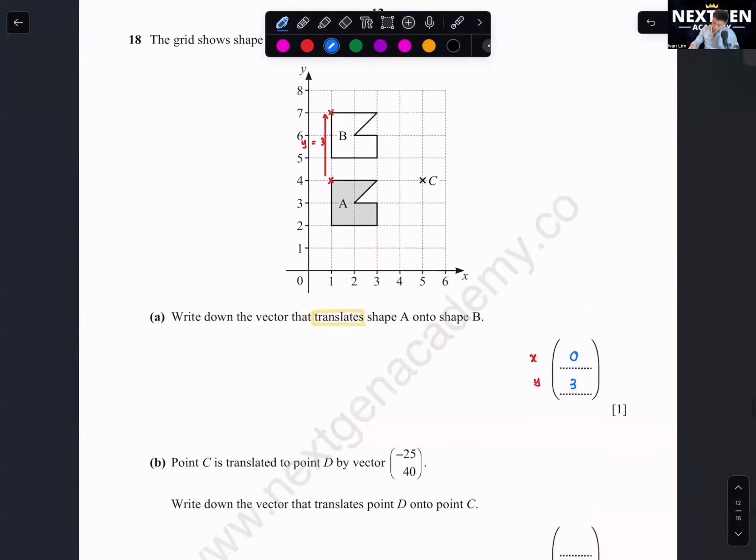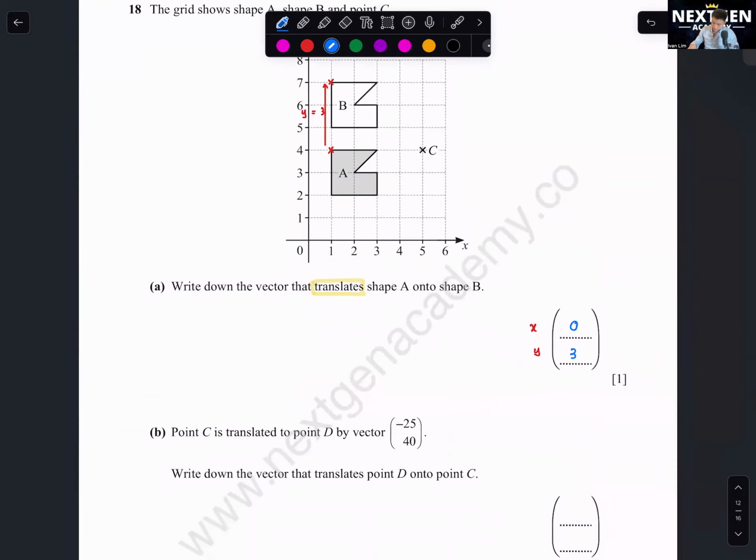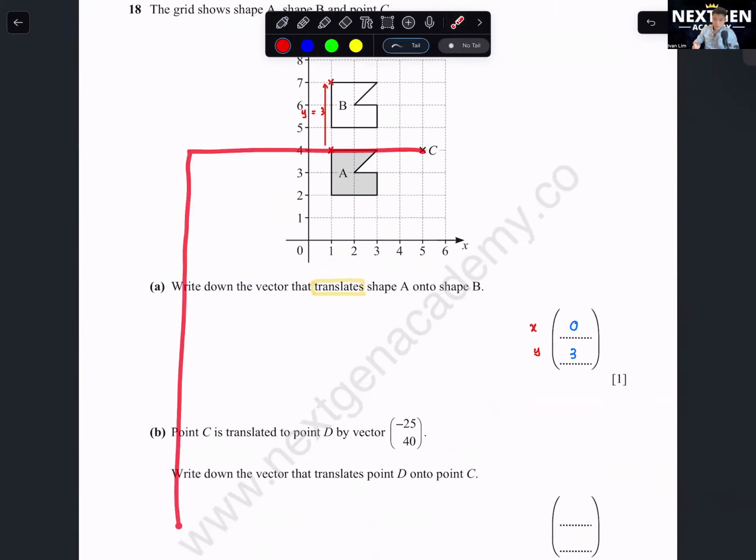The next one. Point C is translated by vector minus 25, 40. Write down the vector that translates point D onto point C. So now they say C to D is minus 25, 40, to get your point D. Let's say point D is over here. What is the translation from point D to point C?